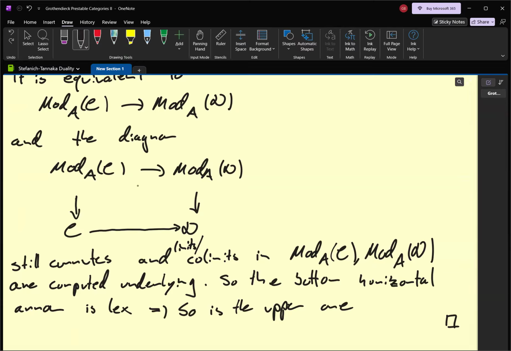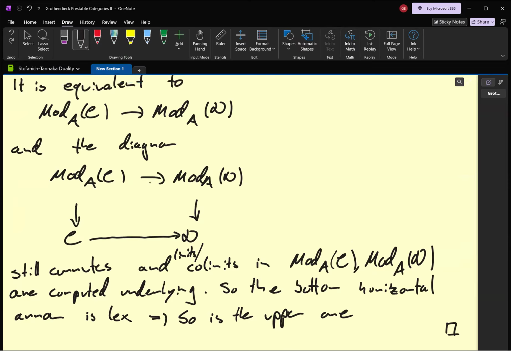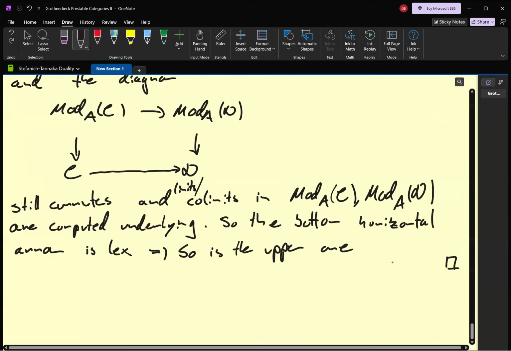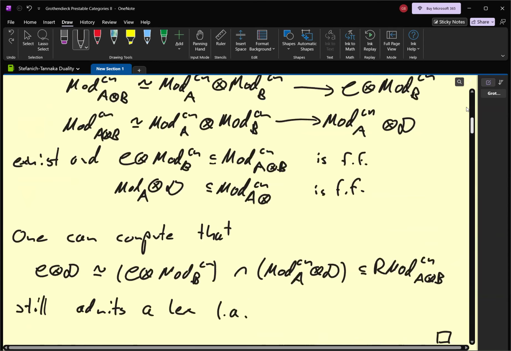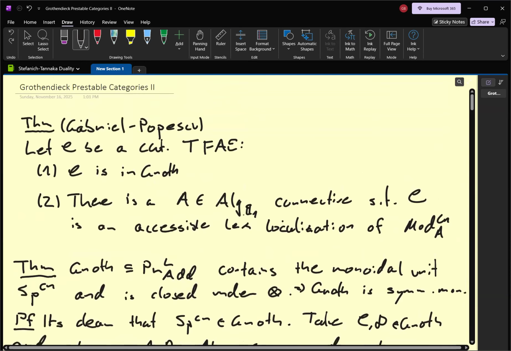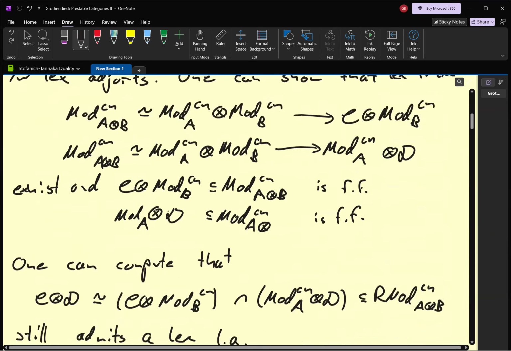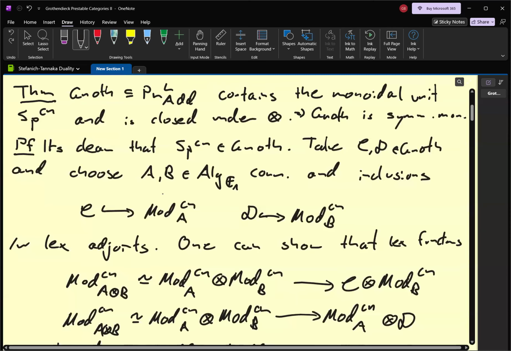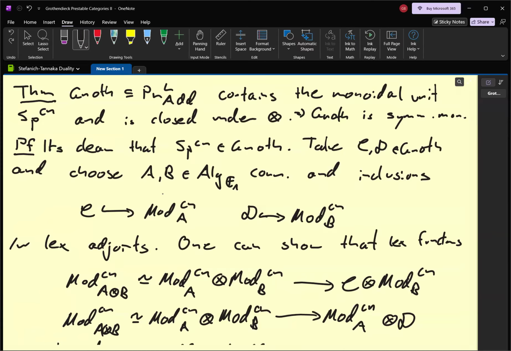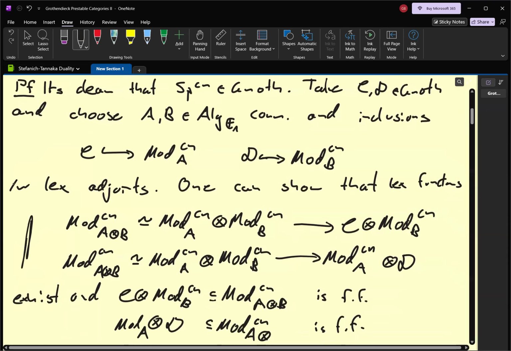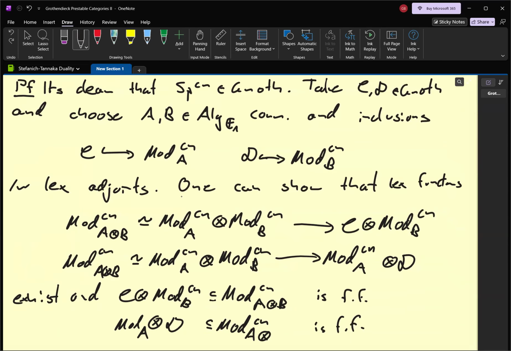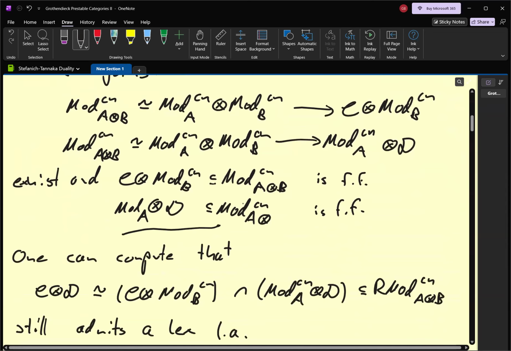And earlier in the proof idea of the first statement we discussed that Grothendieck is closed under the tensor product in PRL add. I said something about that which is not what I should have said. What I wanted to say is that these morphisms here are fully faithful and admit adjoints.